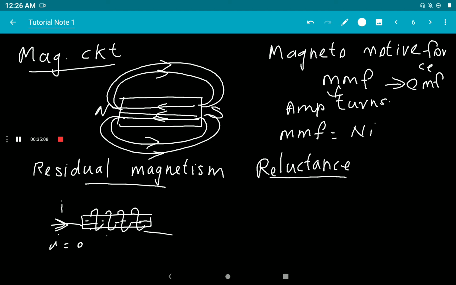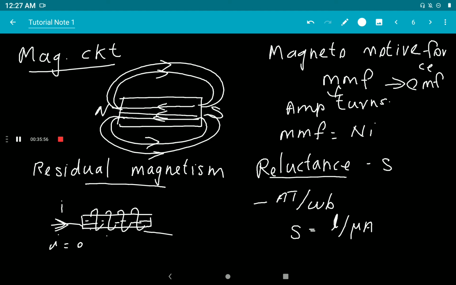It corresponds to resistance in an electric circuit, represented as R, and reluctance is represented as S. The unit is ampere turn per Weber, and the reluctance S is equal to L by mu A.